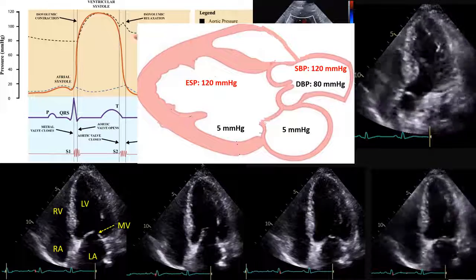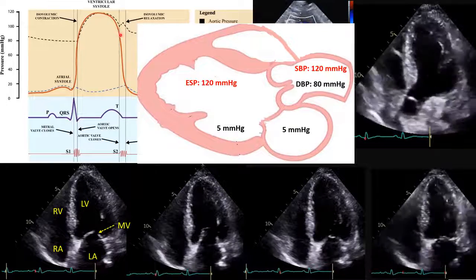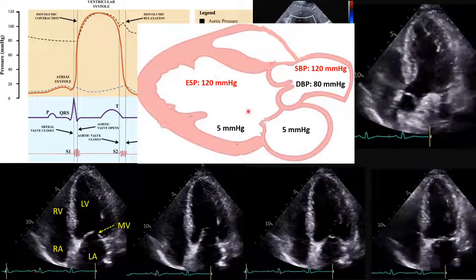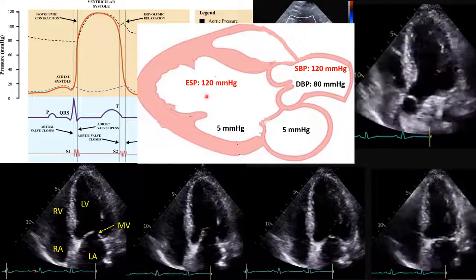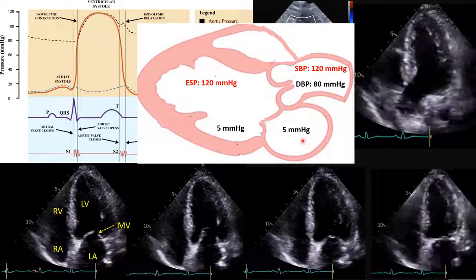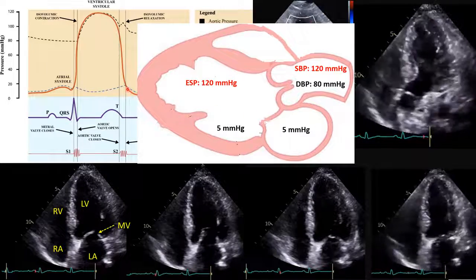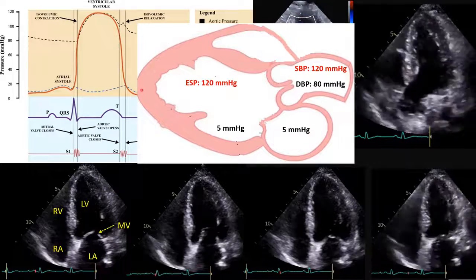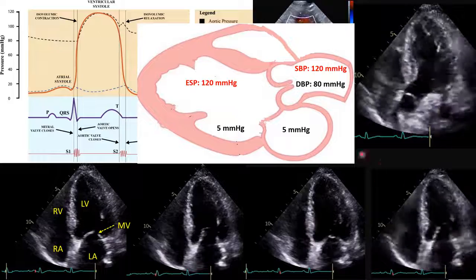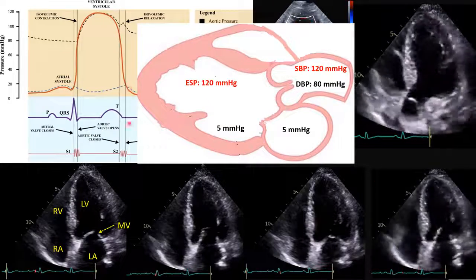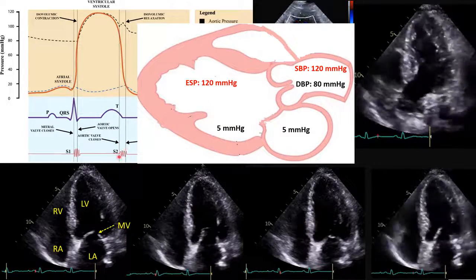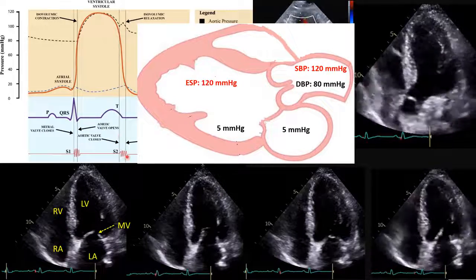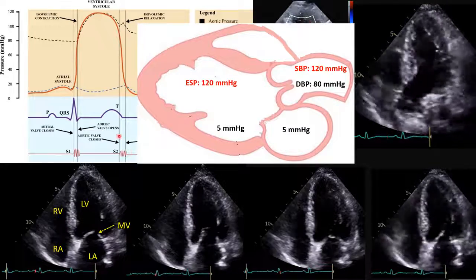So we have the aortic valve closed, and the pressure in the left ventricle keeps dropping until it goes below the left atrium. At that moment, when the left ventricular pressure goes below 5 millimeters of mercury, the mitral valve will open, and that gives us these two components. The first component is aortic valve closing, and the second component is mitral valve opening.